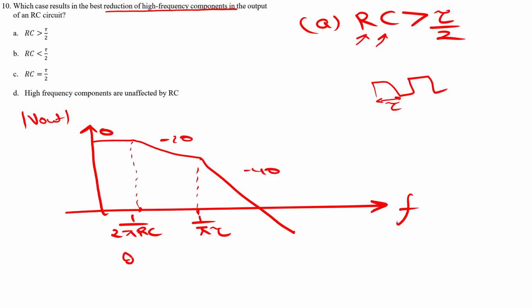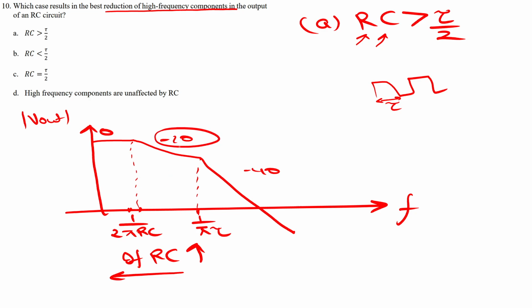It means if RC is larger, this first breakpoint frequency will move towards the left hand side. The moment a high frequency signal comes above 1 by 2 pi RC, it will start reducing.